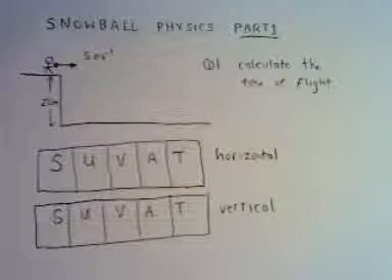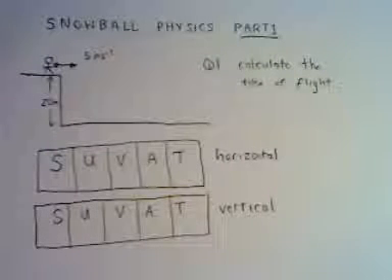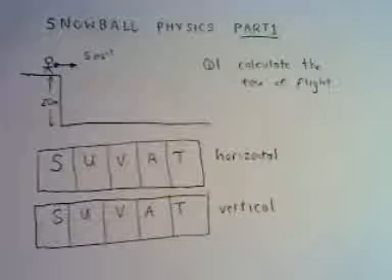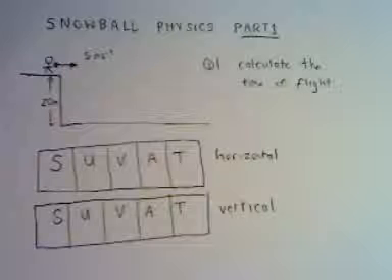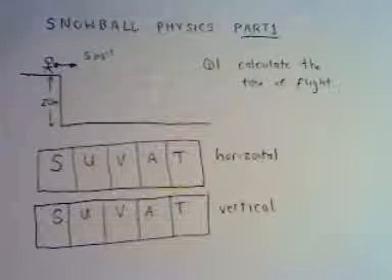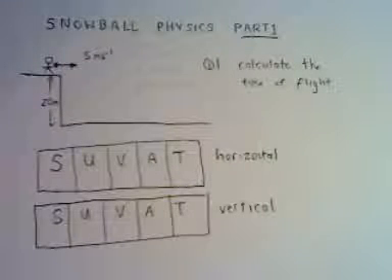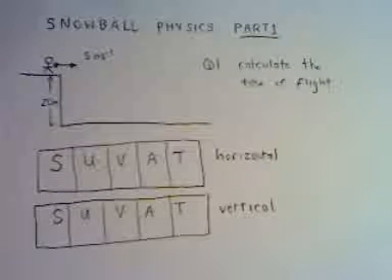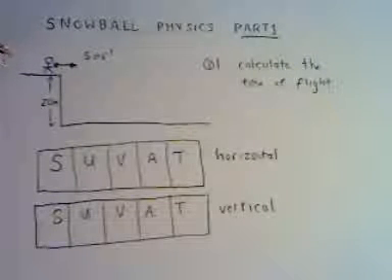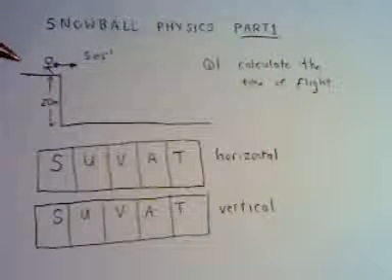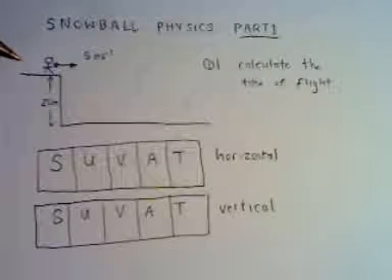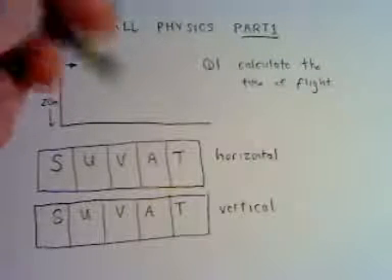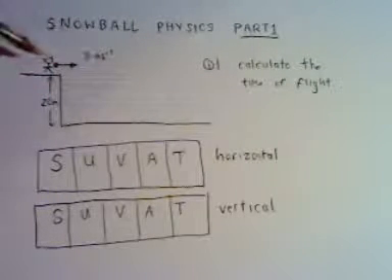So if you hear the word projectile, normally that would involve something moving where it's only under the influence of gravity. Obviously if you throw something on Earth, it's going to move through the air, and there will be some air resistance, and the faster it goes the greater the air resistance. But we're going to simplify projectile questions so that we assume gravity is the only force and there is no air resistance.